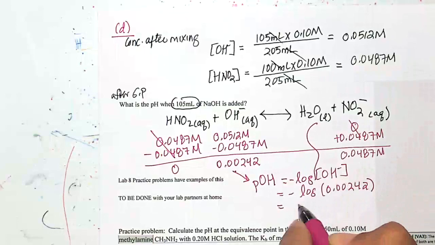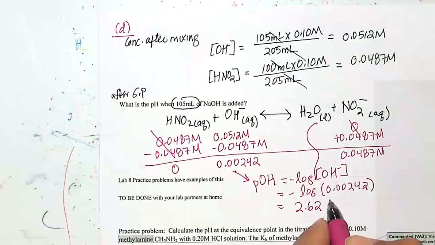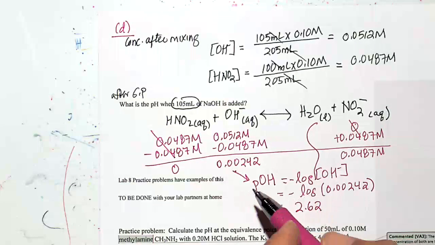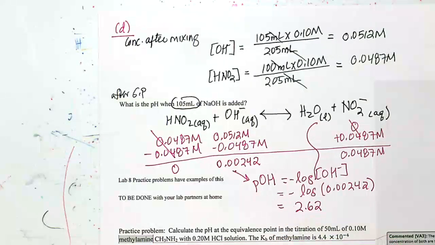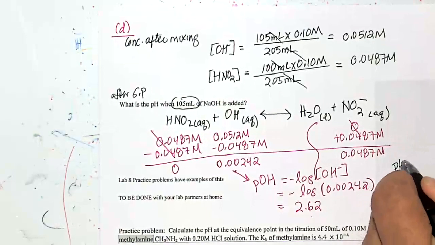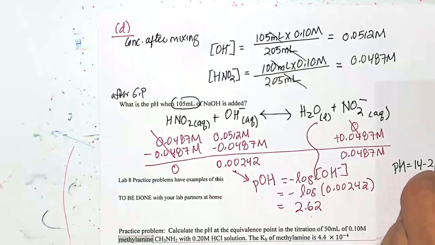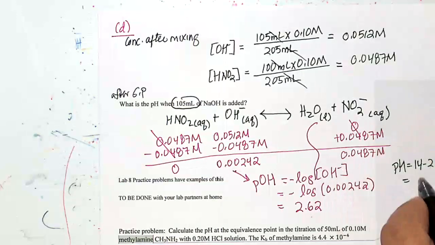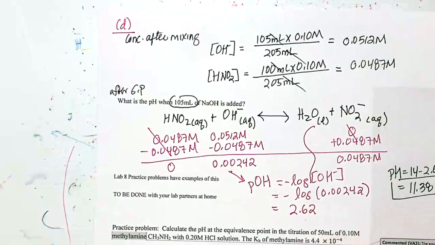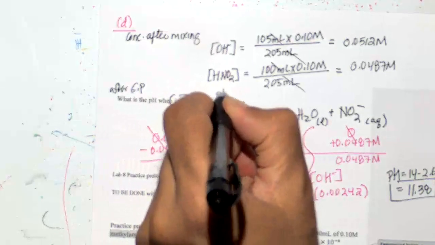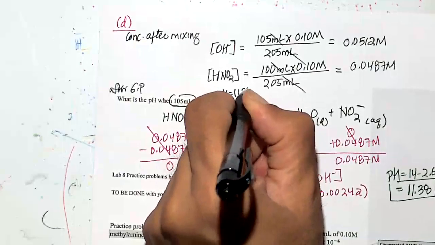I'm getting about 2.62. I'm not going to make this mistake like I did in part C. What is the pH? It's going to be 14 minus this. What's 14 minus 2.62? About 11.38. So the answer here is 11.38.